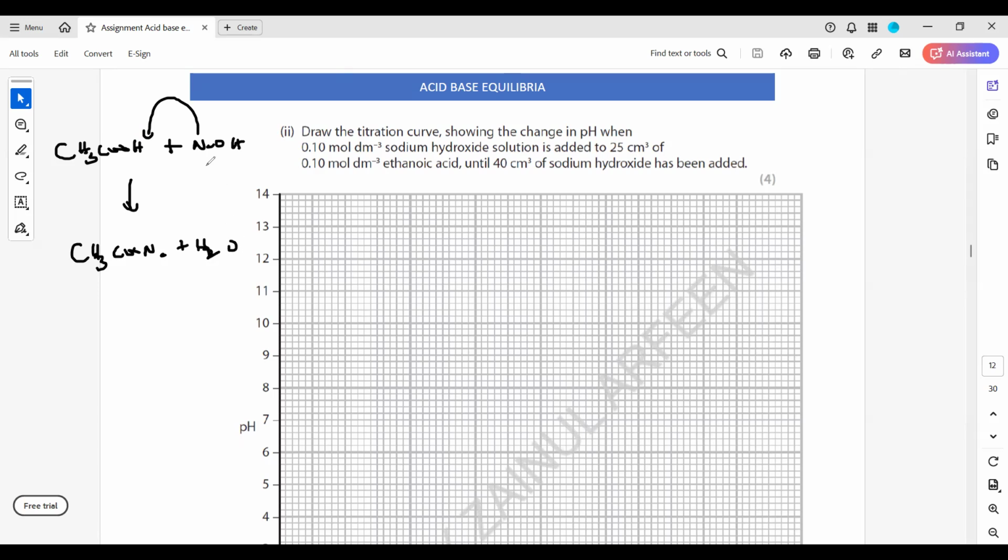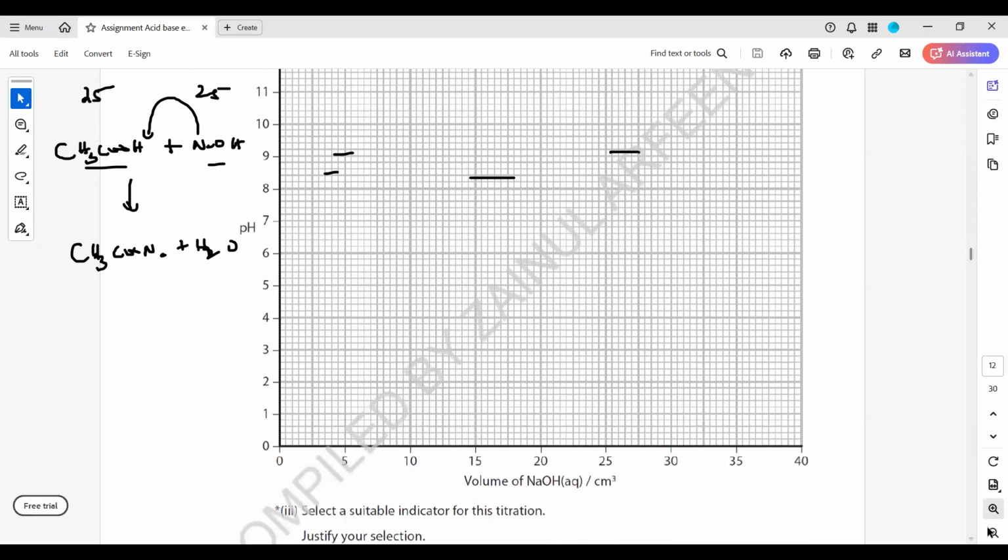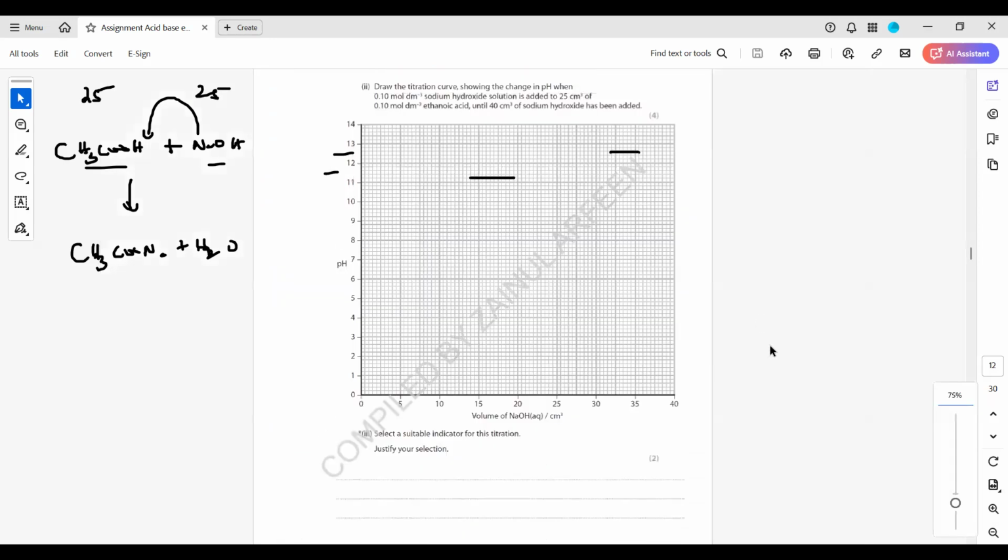That's the balanced equation, so the ratio is 1:1, and the concentration is the same. When the concentration is the same, the volume ratio equals the mole ratio at the equivalence point. Sodium hydroxide solution was added to 25 cm³ until the volume is 50. Because we use 25 cm³ of ethanoic acid, at the equivalence point it will be 25 because the ratio is 1:1. So first we identified that the equivalence point should be at 25.